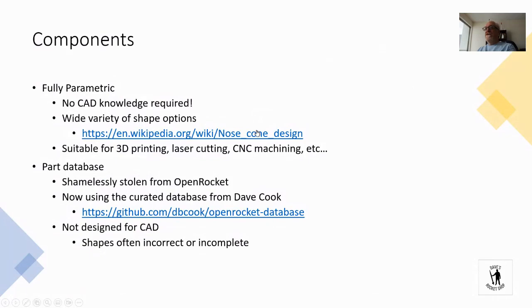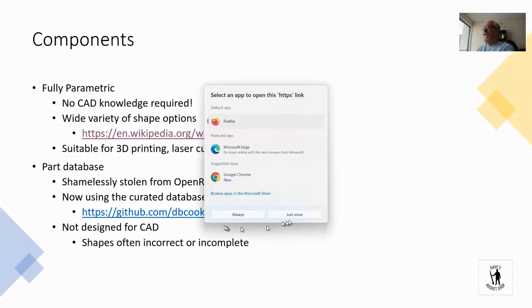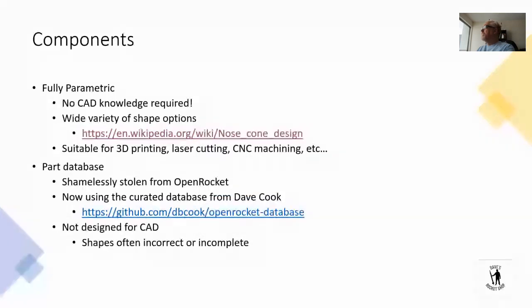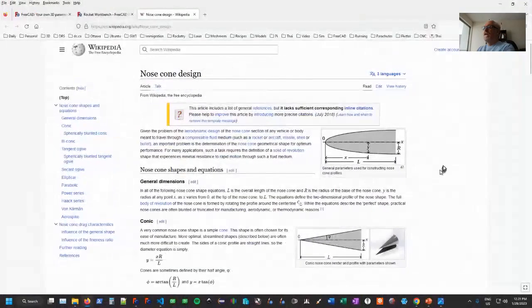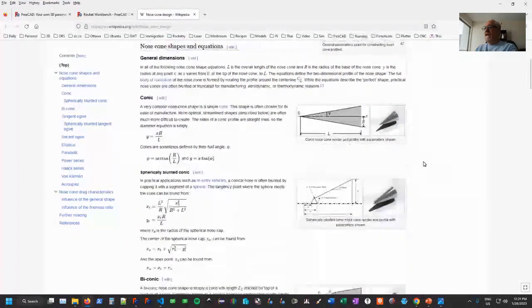Now, when it comes to nose cone shapes, for example, I'll do a control click here. So basically, I got the list from Wikipedia, which is a surprisingly good resource on shapes and things like that.